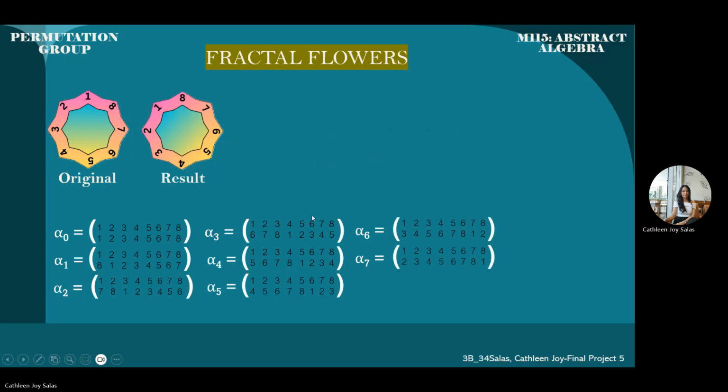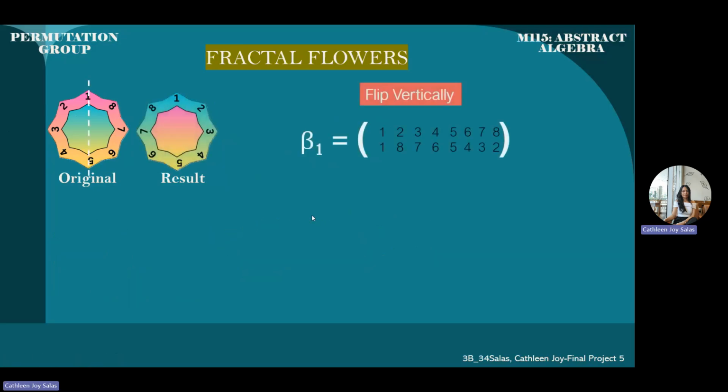So another move for the line of symmetry, we have the flip vertically. Let beta sub 1 be the permutation for this group. So for our beta sub 1, we have 1 is to 1. That's why we have 1 is to 1 here. 2 is to 8.